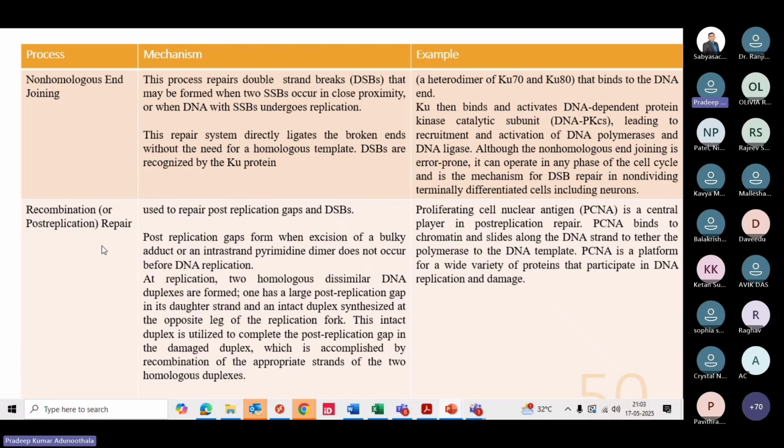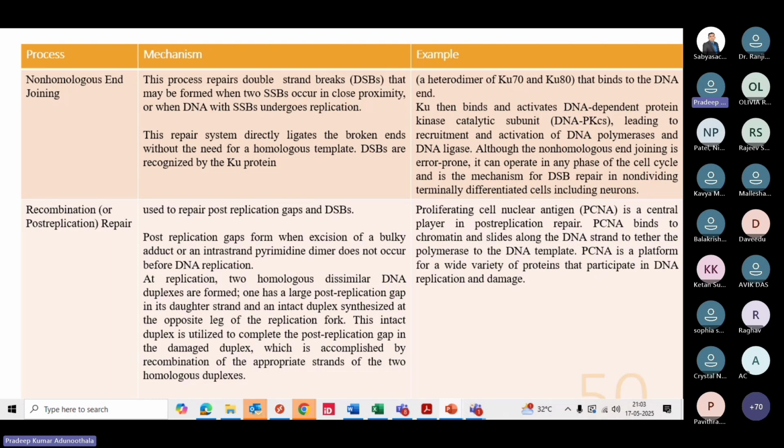This is used to repair post-replication gaps and double-stranded breaks. Post-replication gaps form when a bulky adduct or an intra-strand pyrimidine dimer is not repaired before DNA replication. So at replication, two dissimilar homologous DNA duplexes will be formed, one of which has a large post-replication gap in its daughter strand, and an intact duplex synthesized at the opposite leg of the replication fork.